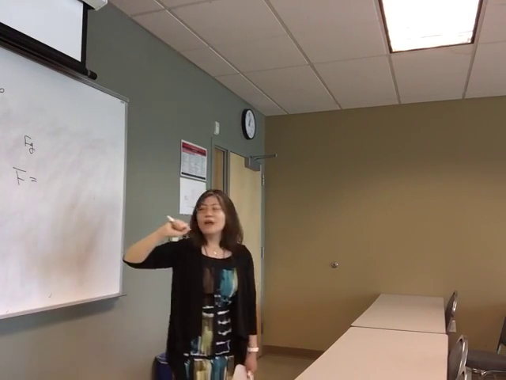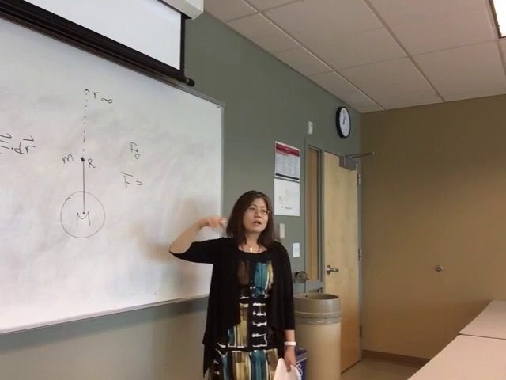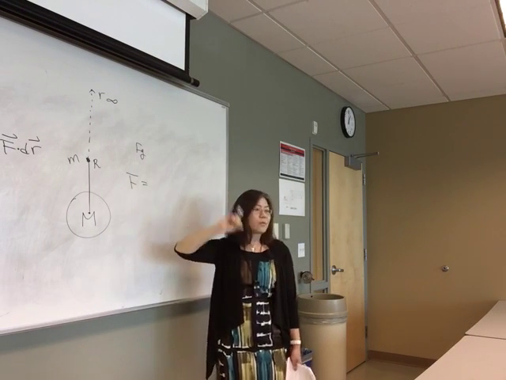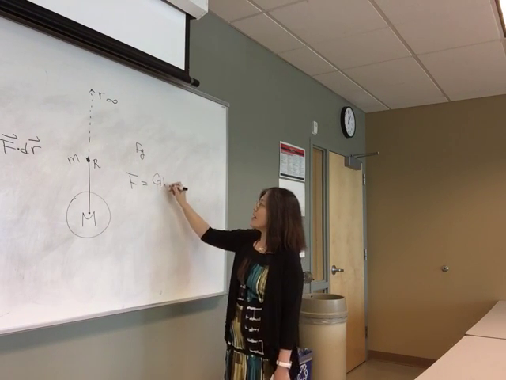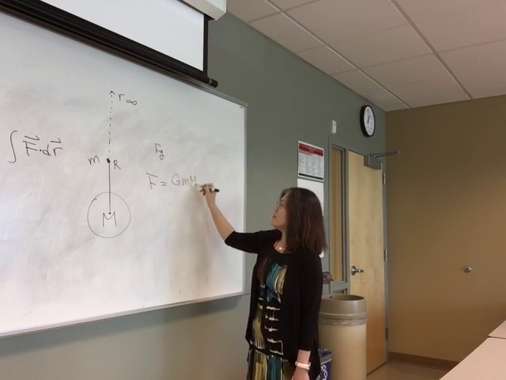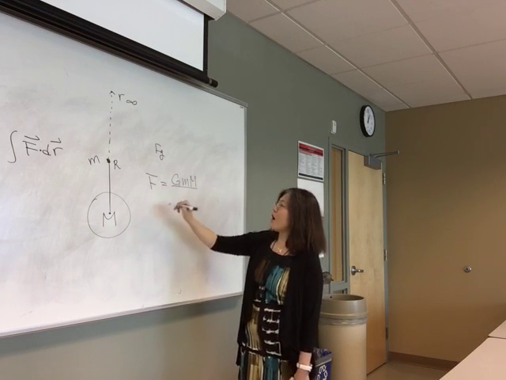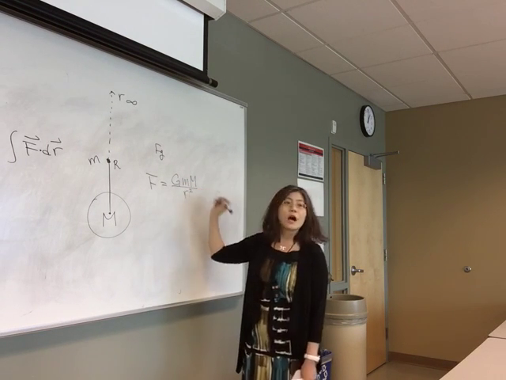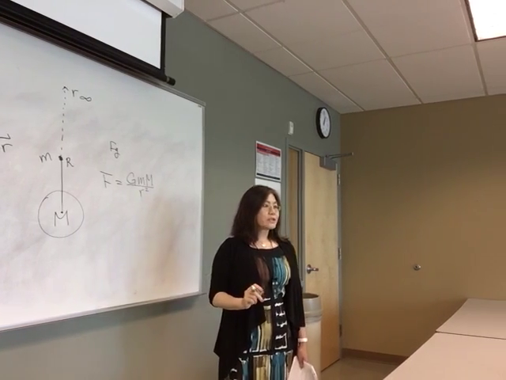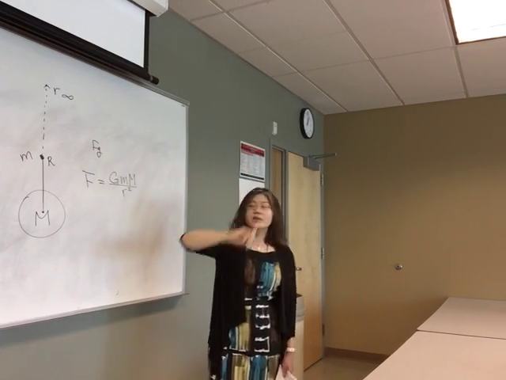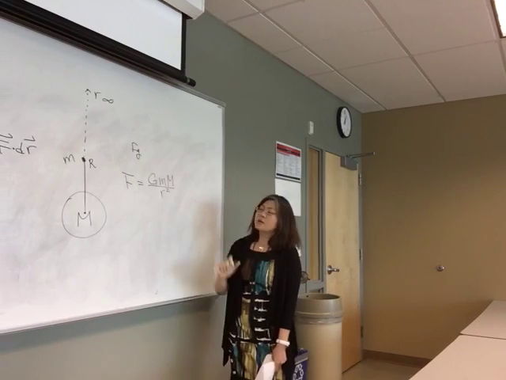You would use a generalized form, G M m over r squared. So you have G, capital M, little m, and then over r squared. Now r is a dummy variable, because you are going to move from one point to another.